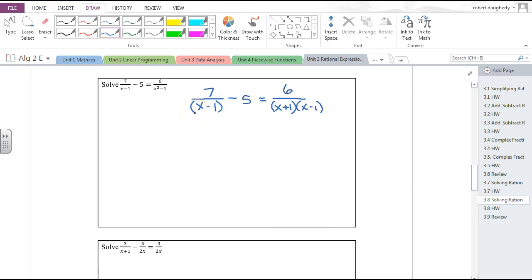Okay, so what is the common denominator? Yeah, x plus 1 times x minus 1. So I'm going to multiply everything by the common denominator. So x plus 1 times x minus 1, and it's going to be multiplied by this entire equation.